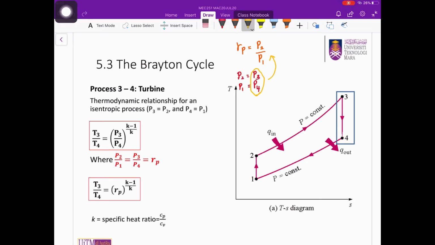So if we substitute P3 and P4 into the pressure ratio, it becomes Rp equal to P3 over P4. Thus, our isentropic relation for process 3 to 4 will now become this expression. However, this relation is applicable for the simple Brayton cycle.